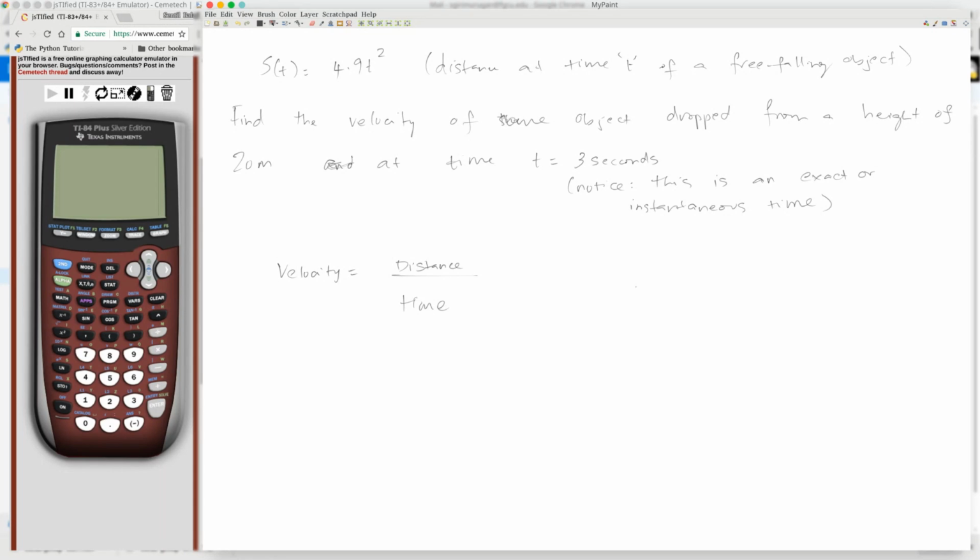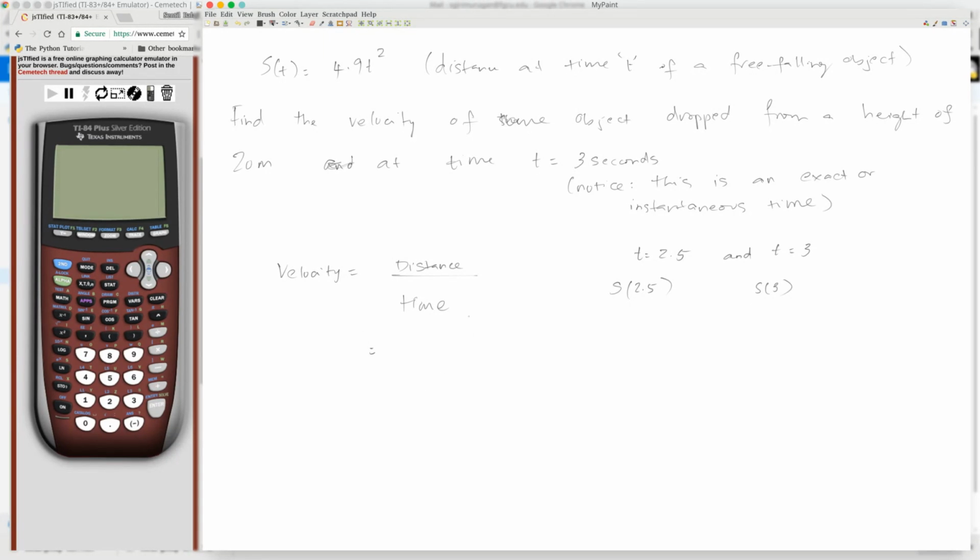Now, if I pick two different time points, say t equals 2.5 and t equals 3, then I would have a corresponding distance at 2.5 and at 3.